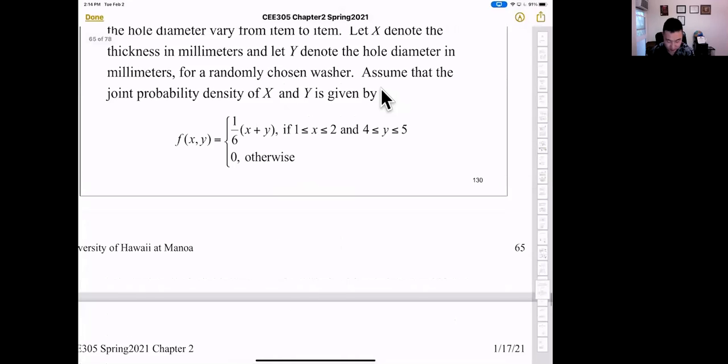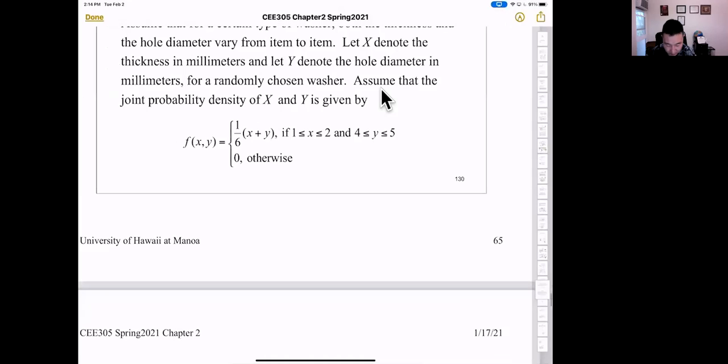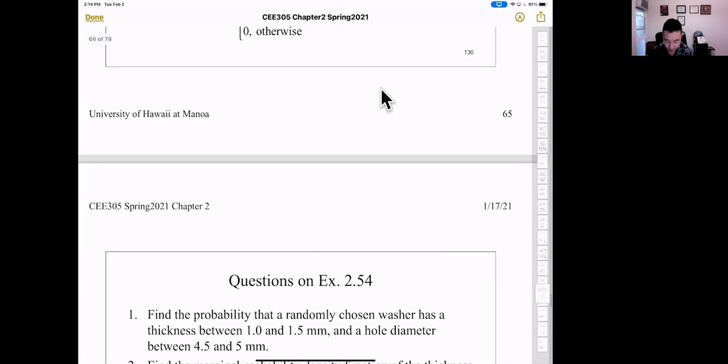So this is the question. The first part is asking for the probability with thickness between 1 and 1.5 and diameter between 4.5 and 5. So let's get the first one.